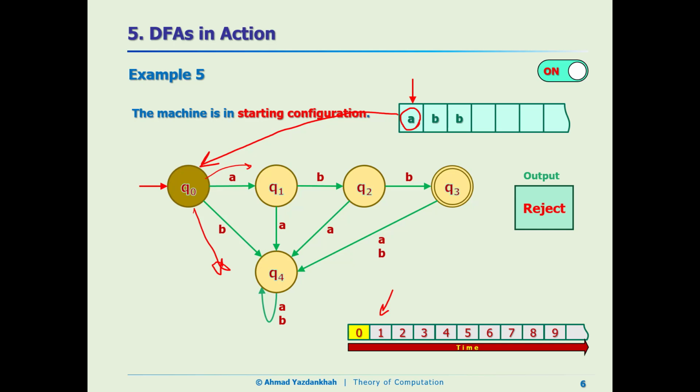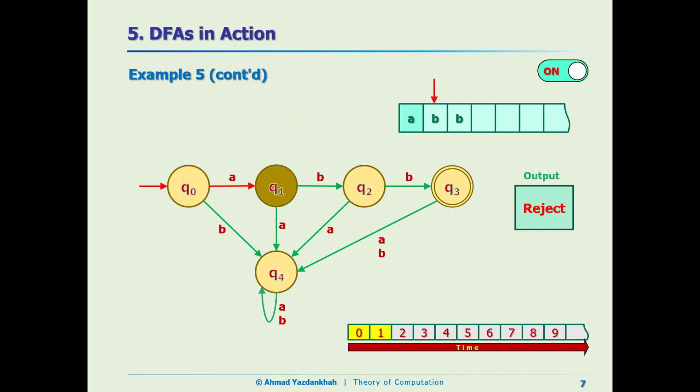It depends on the input. And what is the input? It is A. So based on this design, the machine moves to Q1. And then the head will move one symbol to the right.